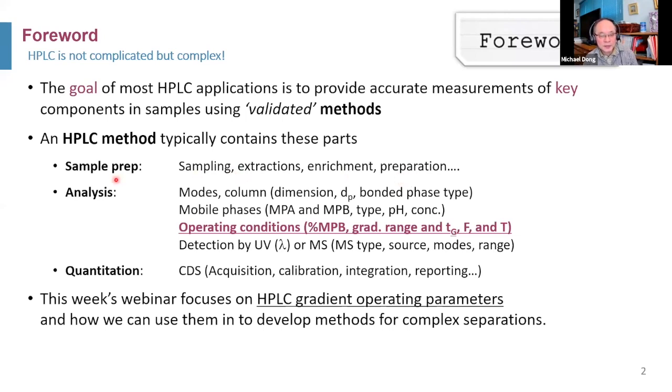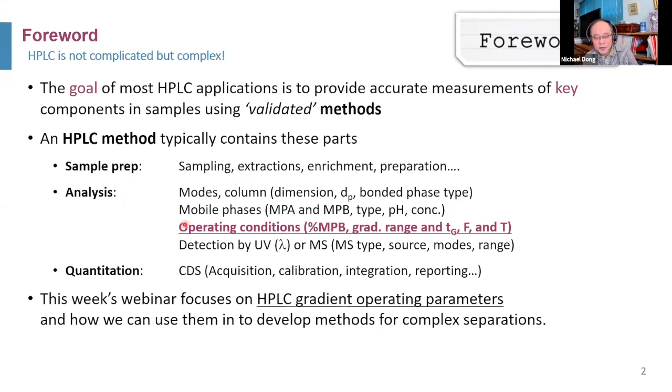So this can be a big thing. Just in the analysis part of it, you have to decide which mode to use, right? So we talk about ion exchange, reverse phase, which is the most common mode. And then we have to pick a column. A column has many parts too: the dimension, particle size, the bonded phase type, right?